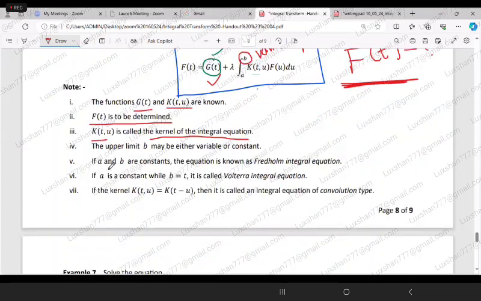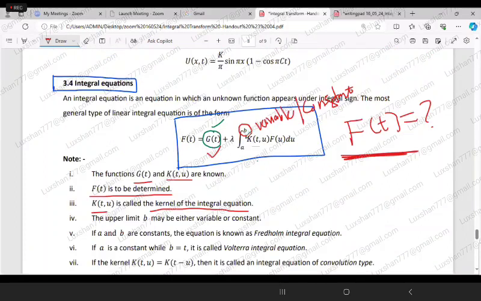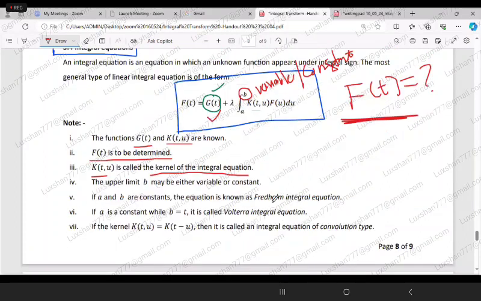Okay, if a and b are constants, then this equation is called a Fredholm integral equation. This is a special integral equation, named after a person.